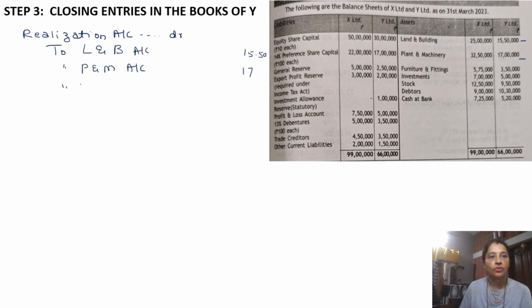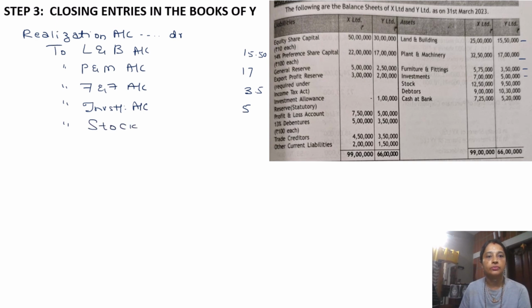To furniture and fittings account 3,50,000, that is 3.5. Then to investments account amount is 5 lakhs. Then to stock account amount is 9,50,000, 9.50.